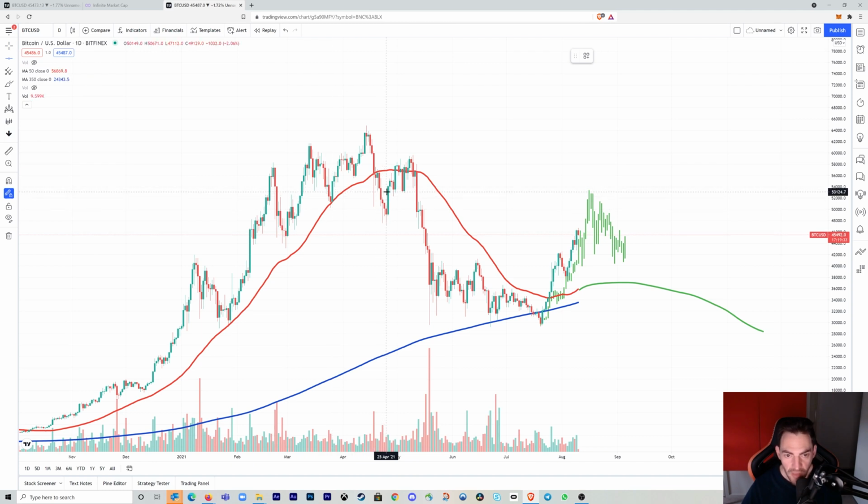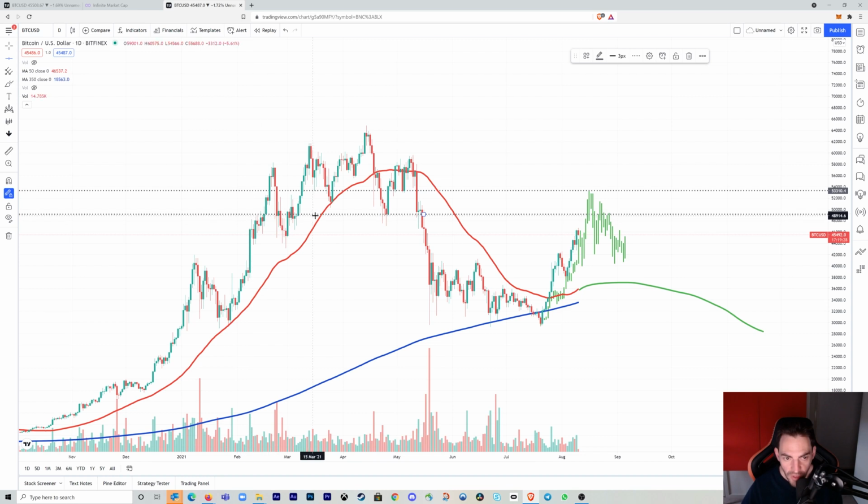So what I'll do, I'll just mark those in. So there's definitely a point here, and there's definitely a point here, which really shows us the bottom of this head and shoulders pattern. So this is really the neckline, and that brings us up to about $49,000. So it is possible that we get up to somewhere around this point and then turn back down again.